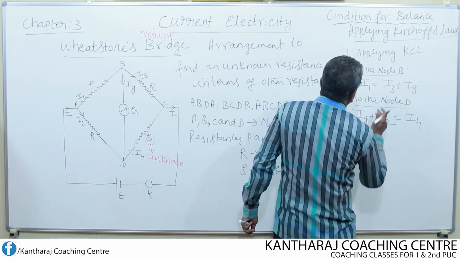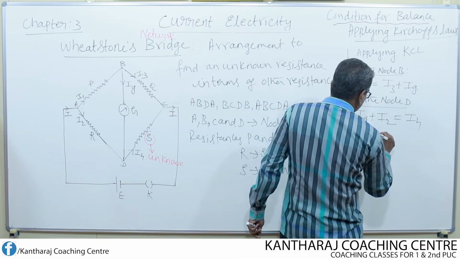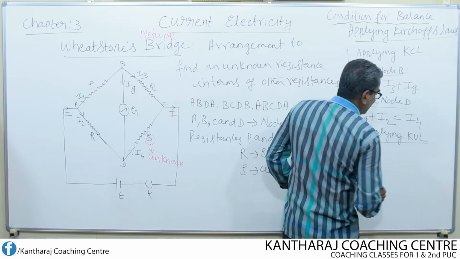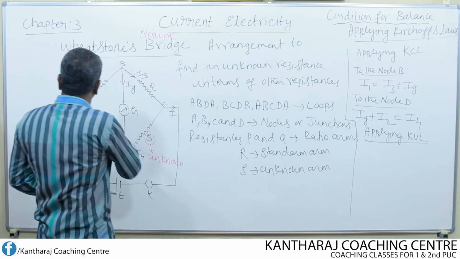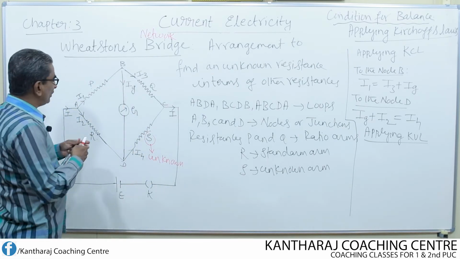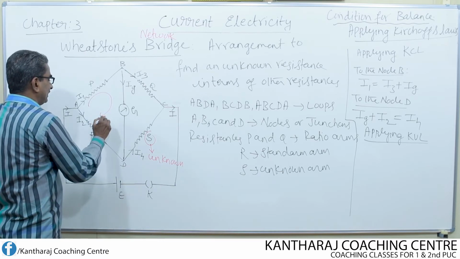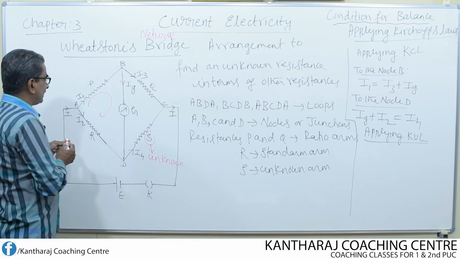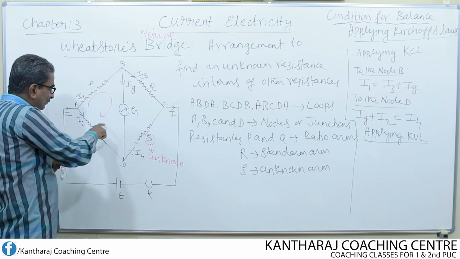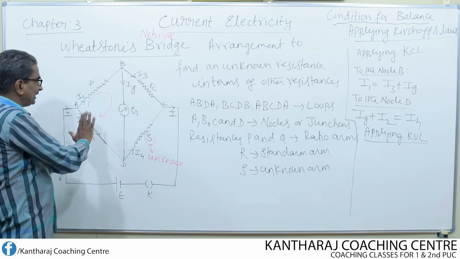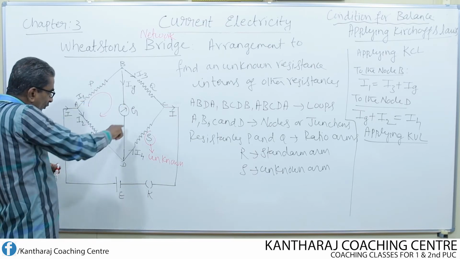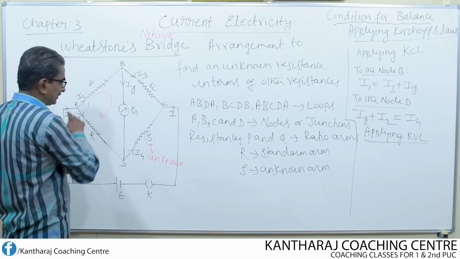So applying Kirchhoff's voltage law for the loop ABDA, I simply write an arrow like this. What does it mean? This is not the direction of current, because the direction of current in different branches is different. So this indicates only the direction of motion. That means throughout this left side triangular loop, I move in clockwise direction. That's the meaning of this.